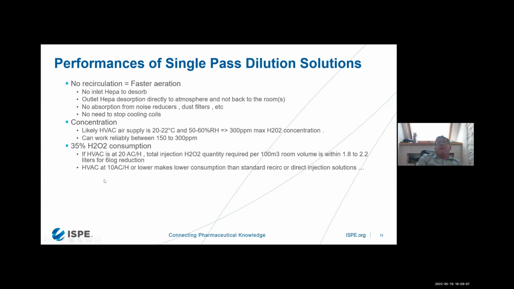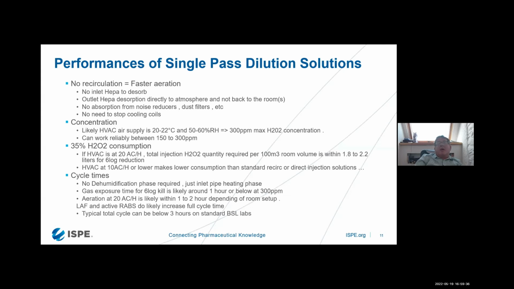And if it's 10 air exchanges per hour, we have made 2 applications. We saw it needs less than the recirculation model. So it's very efficient, because we are instantly at concentration. And because of this, we get a more efficient process, then we have a faster cycle.